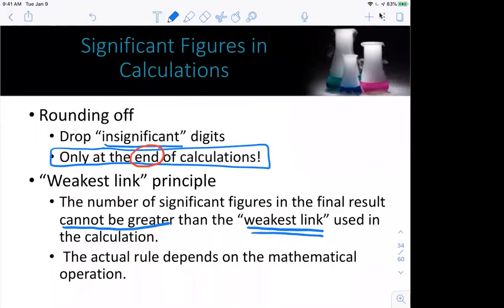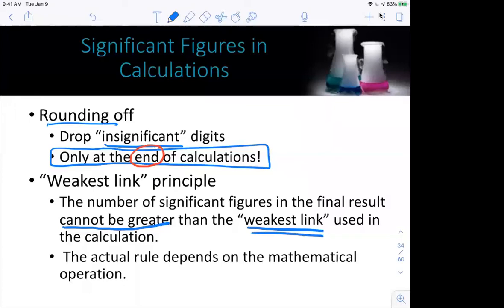The actual rule depends on the mathematical operation. Many times we're going to do our calculations in a computer. I put 2 numbers in. I get like 10 or 11 or 12 numbers spit back at me. Well, this is where I have to round off. I have to figure out how many significant figures I need to report. How many of those digits are actually meaningful based on the precision of those measurements, the certainty in those measurements.